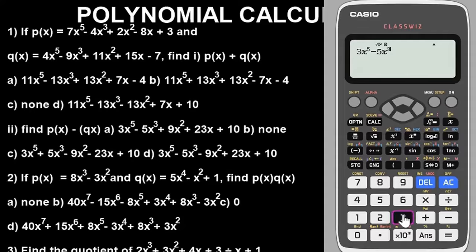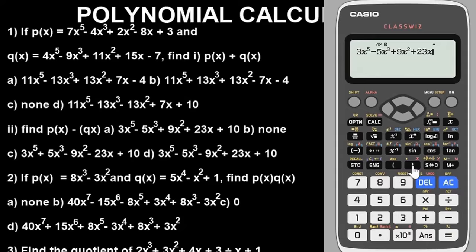Oh, very interesting, guys. 5x cubed, plus 9x raised to the power 2, plus 9x, sorry, that puts 9 plus 23x.